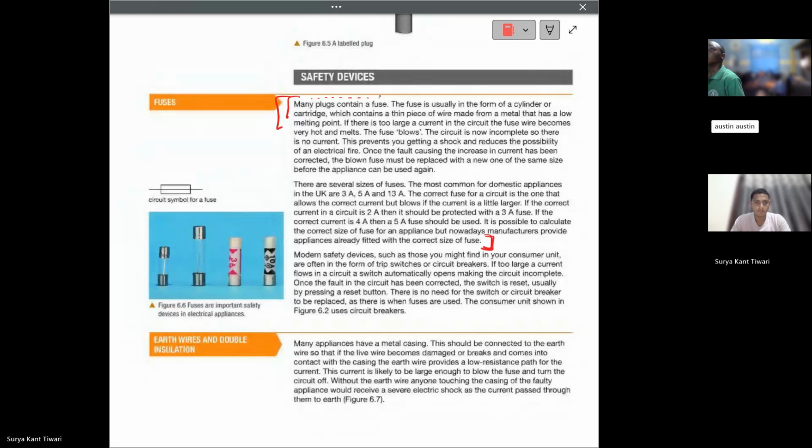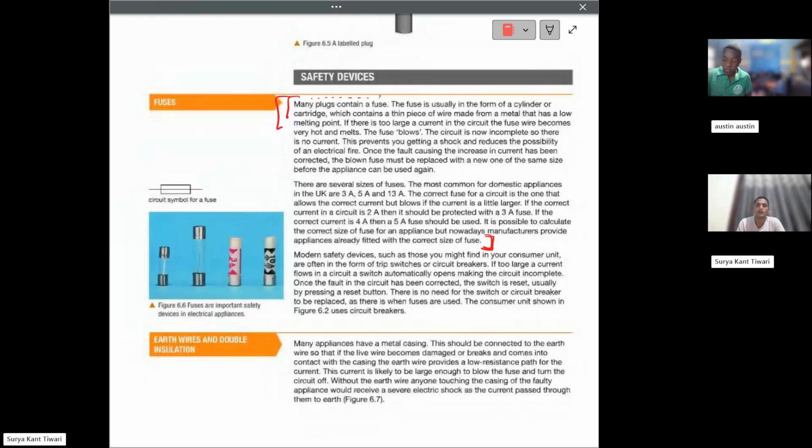If the current in the circuit is 2 ampere, then it should be protected with a 3 ampere fuse. If the correct current is 4 ampere, then a 5 ampere fuse should be used. It's possible to calculate the correct size of fuse for an appliance, but nowadays manufacturers provide appliances already fitted with the correct size of fuse.